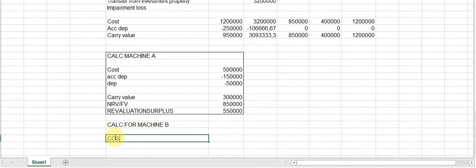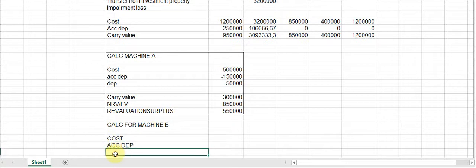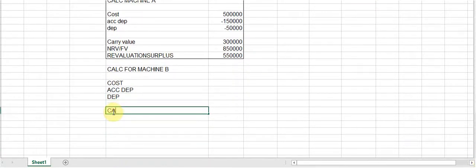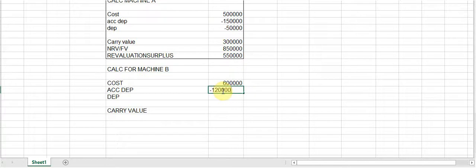We will repeat this for machine B. We had a cost, an accumulated depreciation, and a depreciation for the year so that we can get to a carry value. The cost price of machine B was given as 600,000. The accumulated depreciation at the beginning of the year was 120,000.